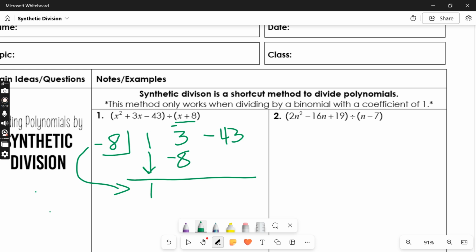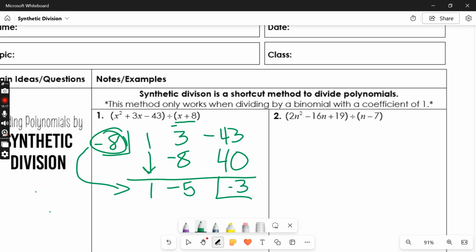So 3 plus negative 8 is going to be negative 5. Then I'm going to multiply again, negative 8, so this number that's here, times that negative 5. Negative 8 times negative 5 is going to be positive 40. And then I'm going to add those together, and I'm going to get negative 3.